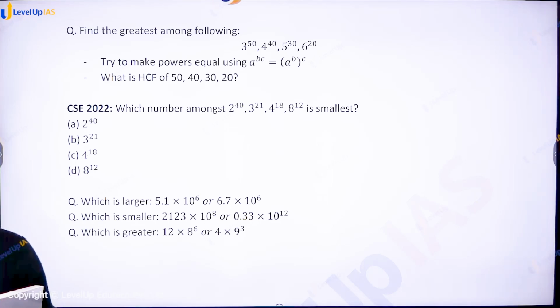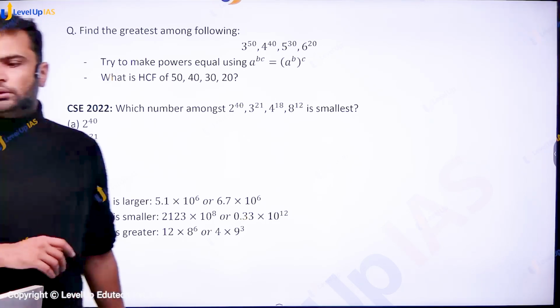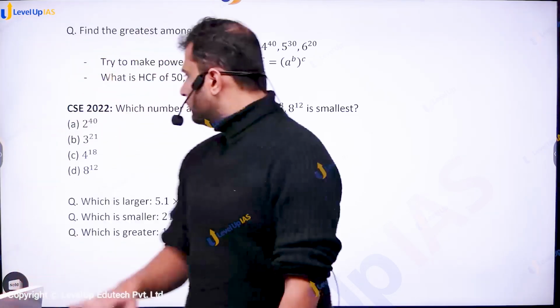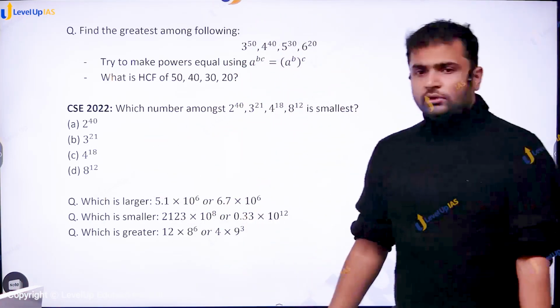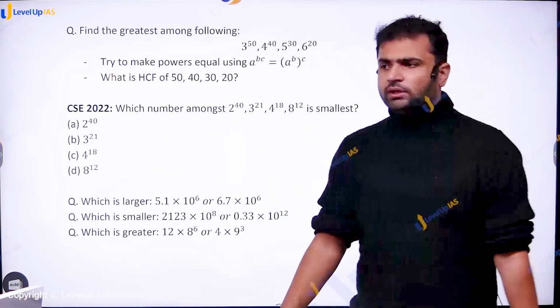Ashwini, Amrita, Yashraj, any issues, any problem in whatever we have covered till now? No? Good. I hope you will not get frightened now whenever you see a question like this, which is actually very easy but just looks daunting.